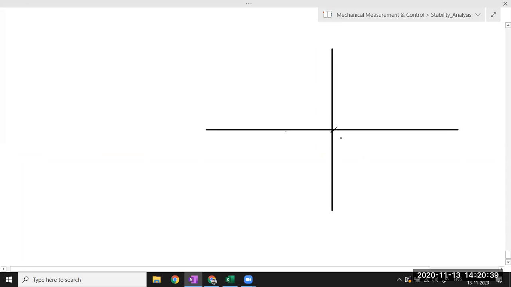This point was 0, then this was +1, and this is -1. This is sigma, this is minus sigma, this is j omega, and this is minus j omega. Is everyone okay?